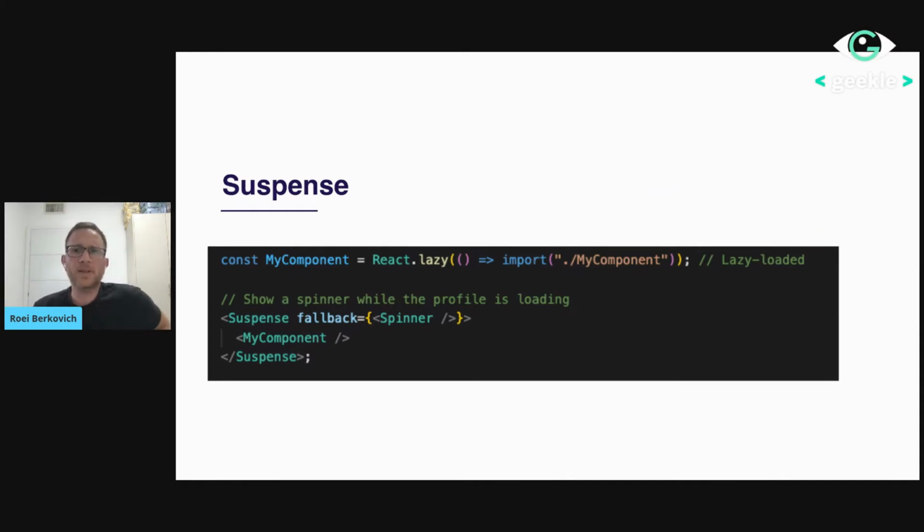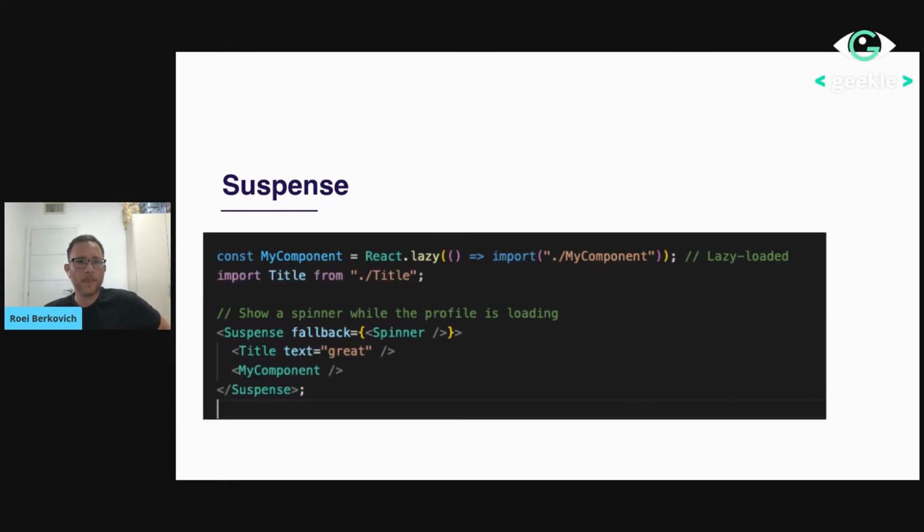This is the React Suspense syntax. React Suspense has a prop called fallback. The fallback prop accepts any React element that you want to render while waiting for the component to load.